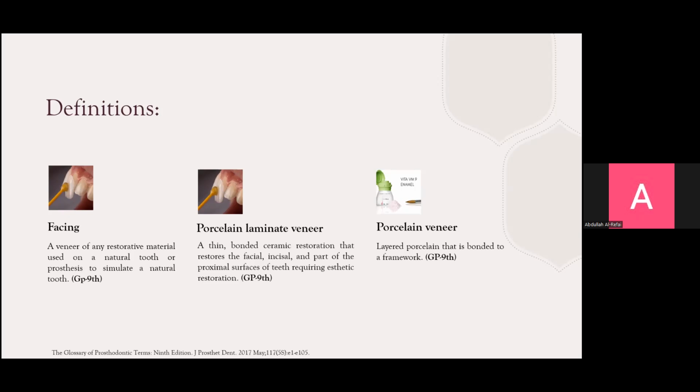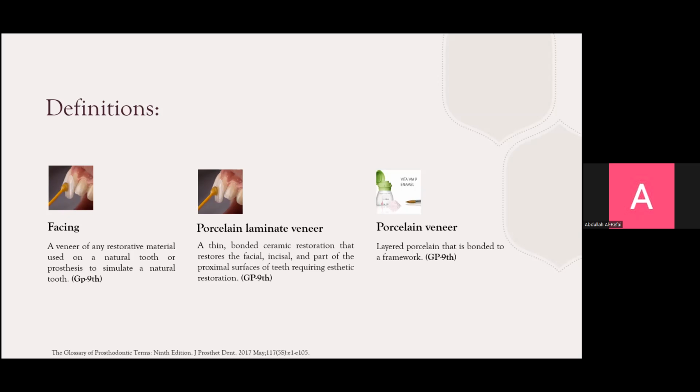So, basically, any restorative material applied to the surface of the natural tooth or the prosthesis framework is considered a facing. Now, porcelain laminate veneer is defined as a thin bonded ceramic restoration that restores the facial, incisal, and part of the proximal surface of teeth requiring aesthetic restoration.